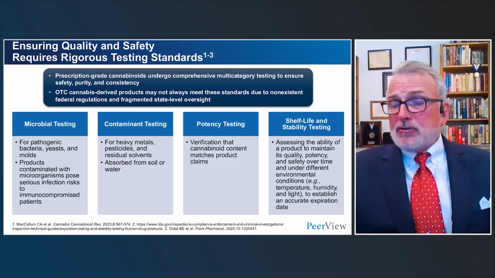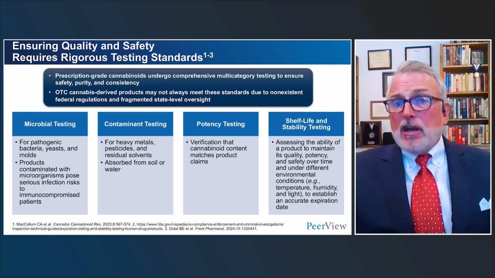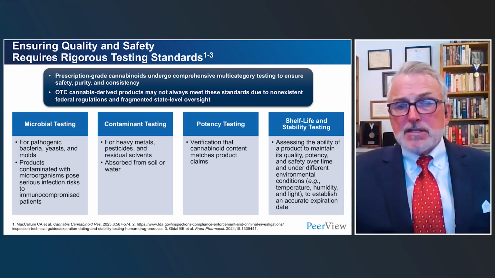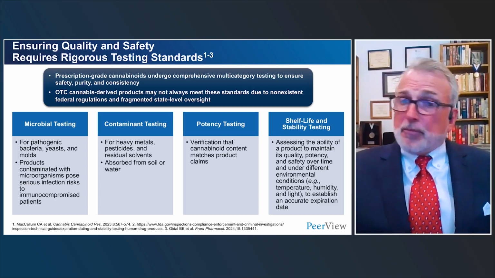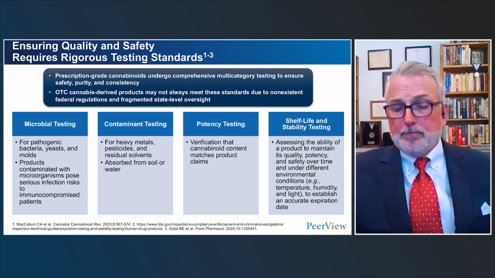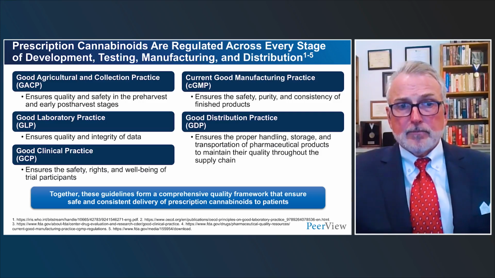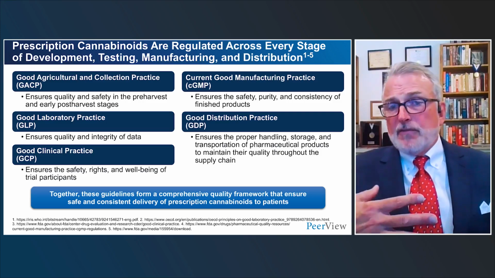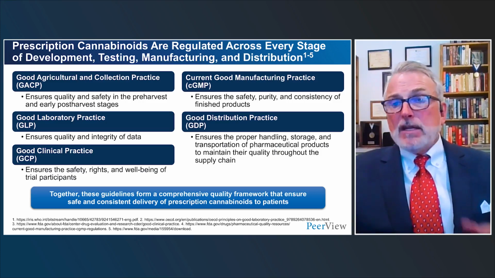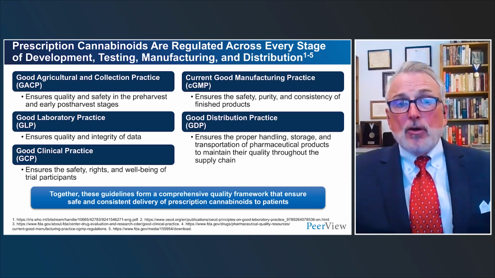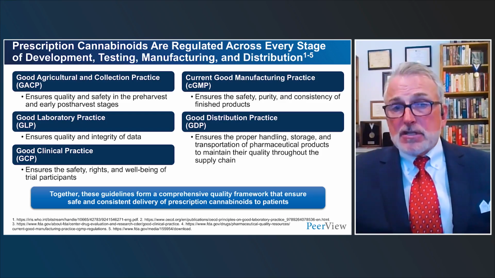And that's because prescription drugs are carefully monitored for microbial testing, the presence of contaminants, their potency, as well as the shelf life of the product. And all of this comes from the fact that the FDA requires of prescription drugs a variety of heavy constraints on how something is grown, how it is studied in the laboratory, how it is used in the clinic, and how it is manufactured and distributed.